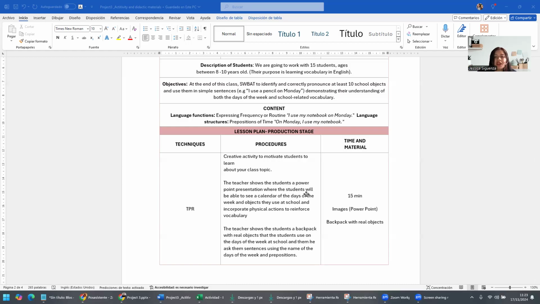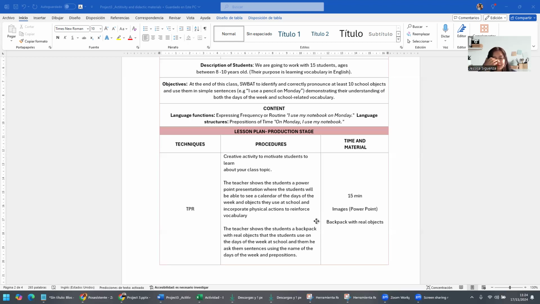The teacher shows the students a PowerPoint presentation where the students will be able to see a calendar of the days of the week and objects they use at school, and incorporate physical actions to reinforce the vocabulary. So this way we are going to apply TPR.